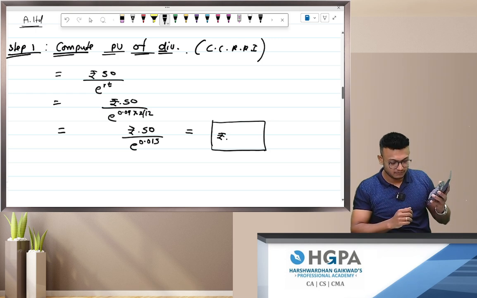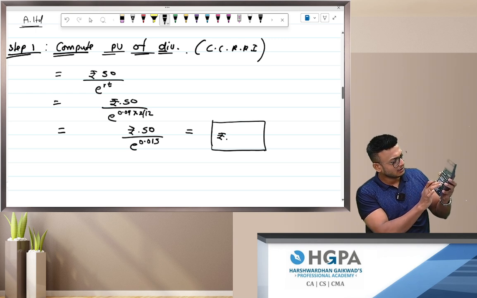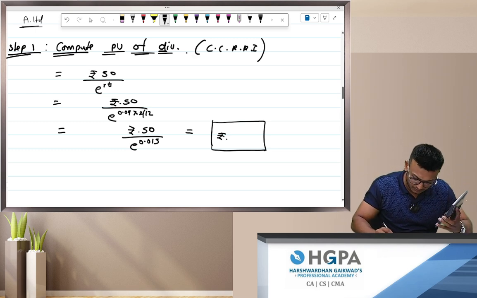Please do it. First we'll do the denominator part. 2.7183 raised to the power 0.015, which is 1.0151 and so on.